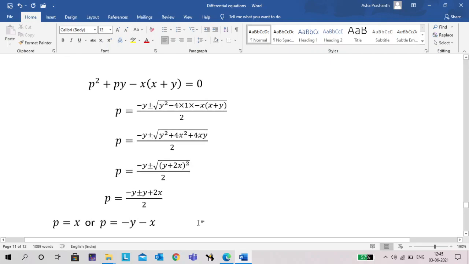So in the next step, what will we get? Minus y plus or minus y plus 2x, divided by 2. Here we have plus or minus. If you take positive, plus y and minus y get cancelled, leaving 2x by 2. So the 2 gets cancelled, and we get p is equal to x, that is one term.